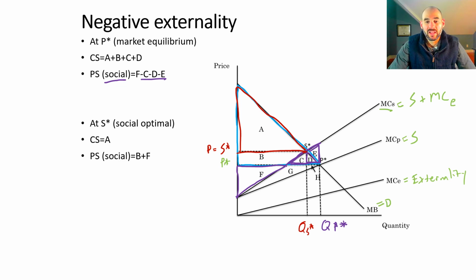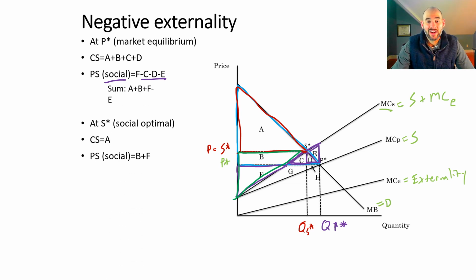However, our producer surplus is going to be the area between the relevant marginal cost curve, our marginal social cost curve, and the price for QS star units produced. And so it's going to be areas B and F. And importantly there, both of those areas are entering positively.